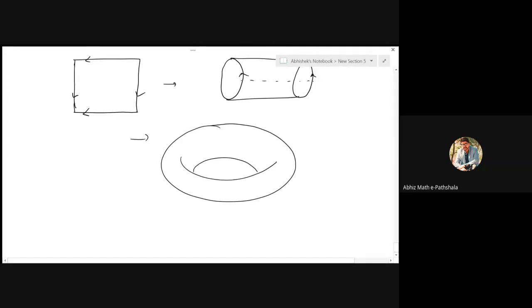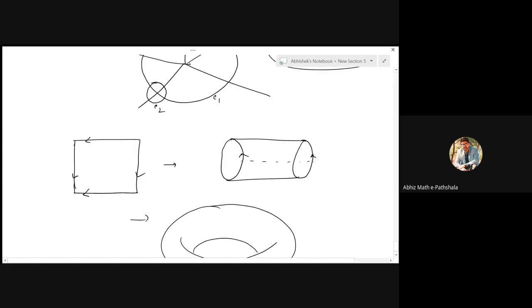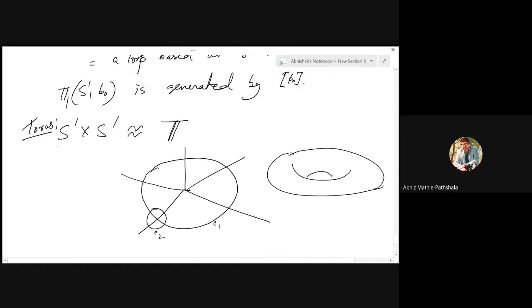Fine. So how to get the fundamental group of the torus? Just by proving one simple result and using the space S1 cross S1, because you know the fundamental group of the circle, which is Z plus, and using this you can compute the fundamental group of S1 cross S1.